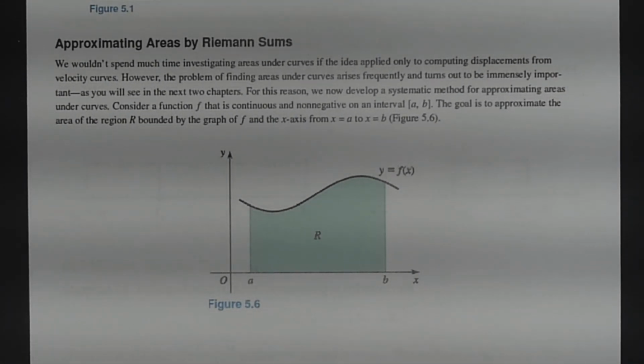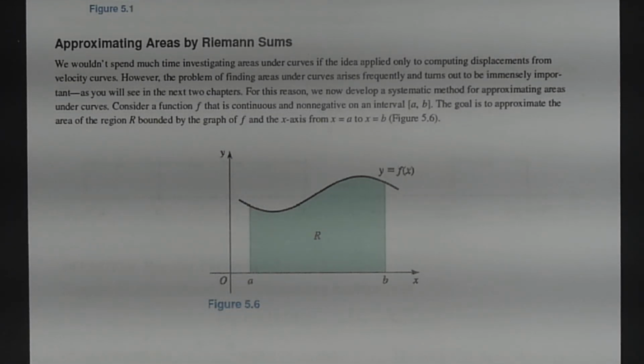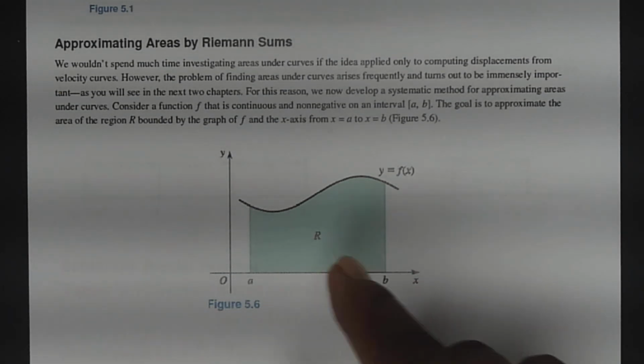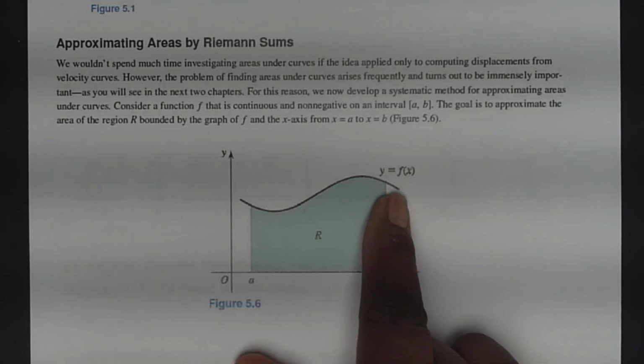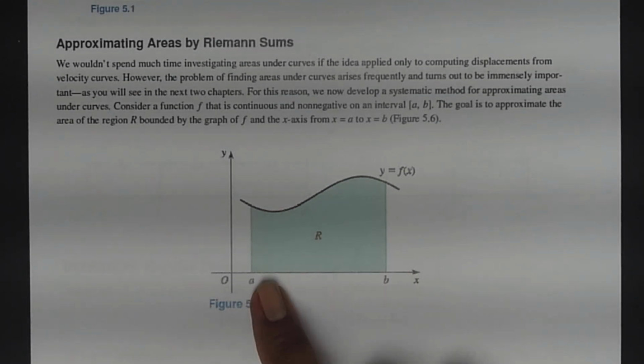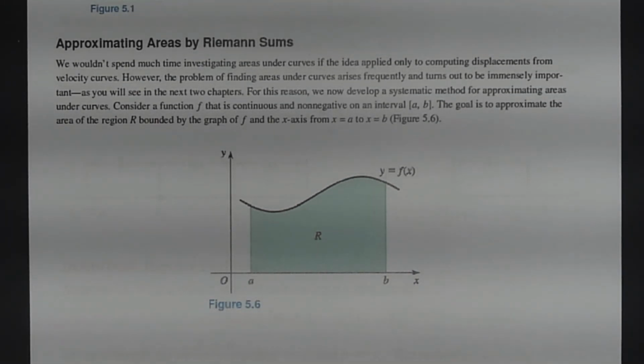Now we're going to develop a systematic method for approximating areas under the curve. Let's say we want to consider the function y equals f of x, and it is continuous and non-negative on the closed interval a, b.